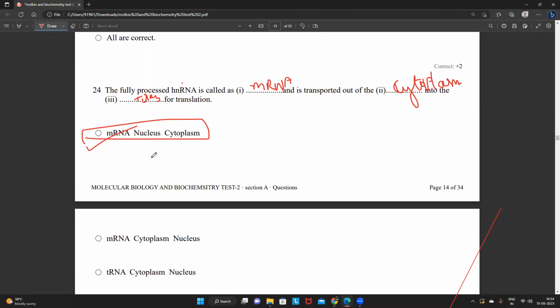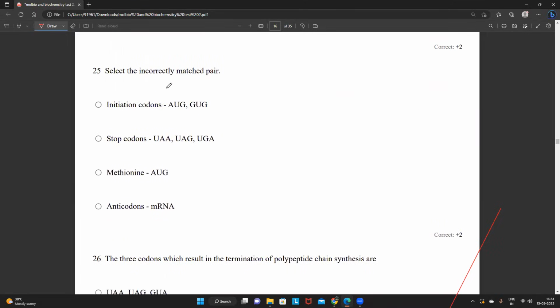Very simple, straightforward question. Select the incorrectly matched. Some students got this wrong also. AUG, GUG. GUG actually codes for valine. In some organisms, I told you, I don't know whether you remember or not, I have given you one statement: genetic code is present everywhere, but not universal.